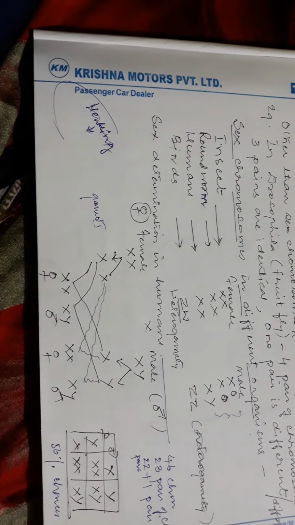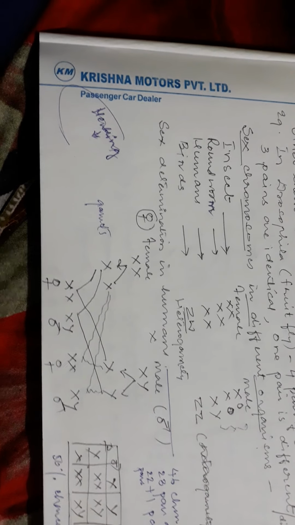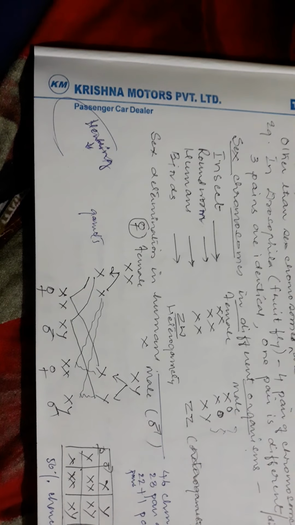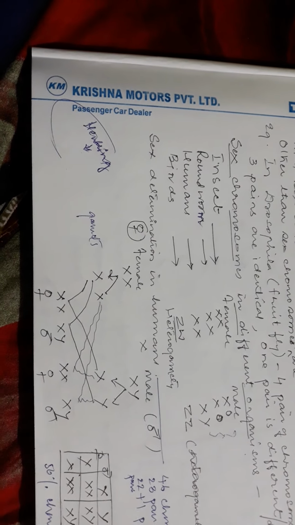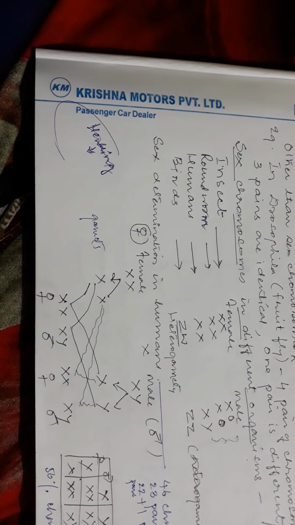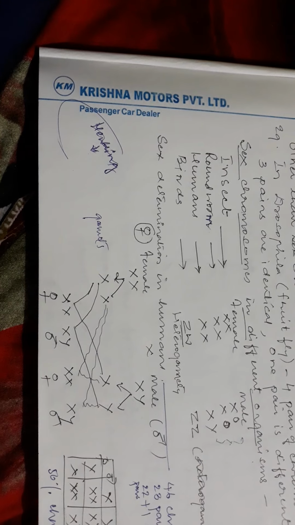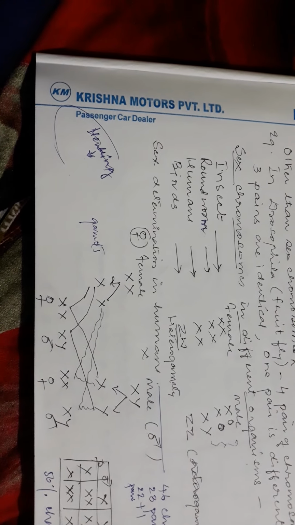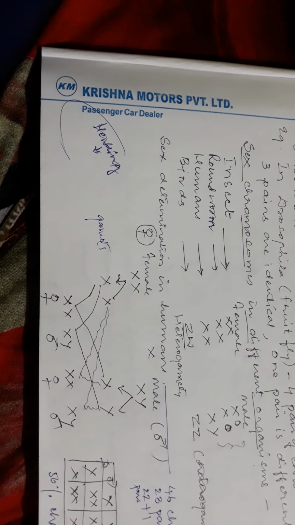Now, let's study sex determination in human beings. The sex of the child depends upon the type of gametes the parents make and the sex chromosomes. We already know that the sex chromosomes in female are XX and in male XY, that is, 22 pairs of autosomes plus a pair of X chromosomes in females, and in males 22 pairs of autosomes and XY chromosomes.